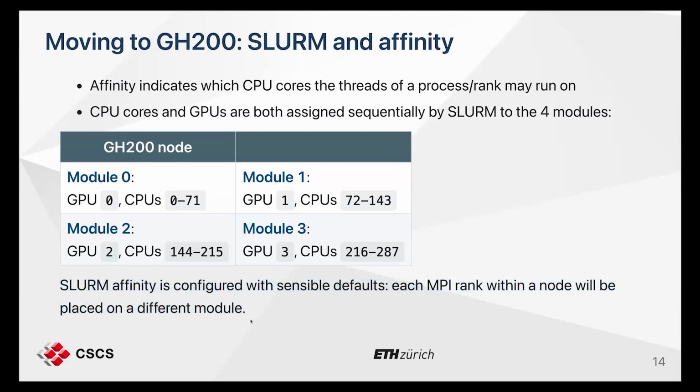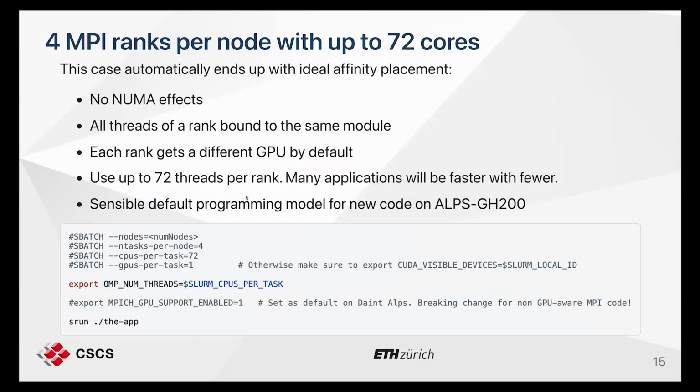This is important to know. This is the case that I talked about: 4 MPI ranks per node with 72 cores. This is the most natural way to run on GH200.